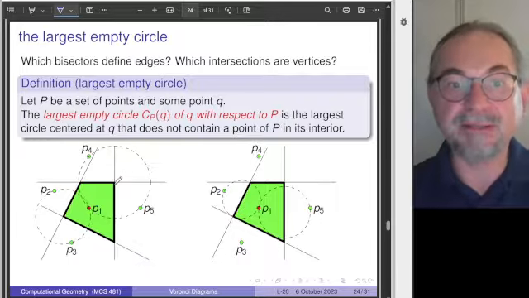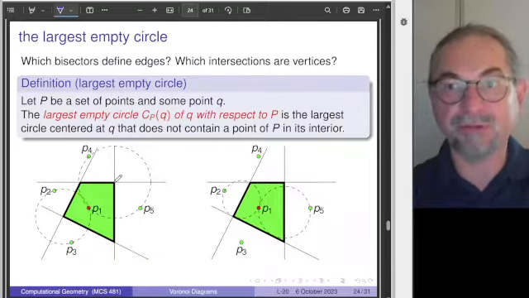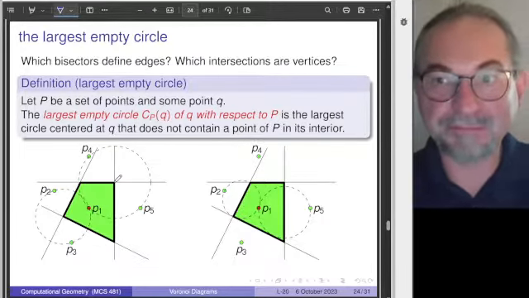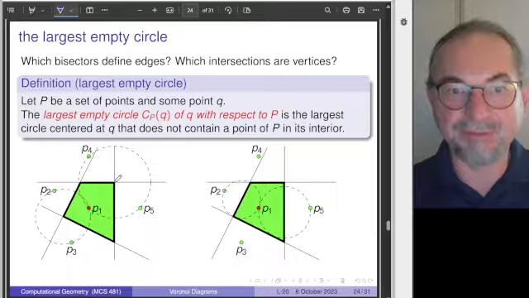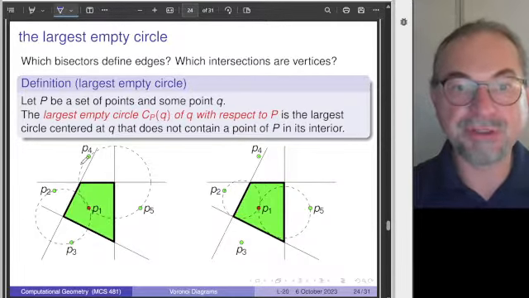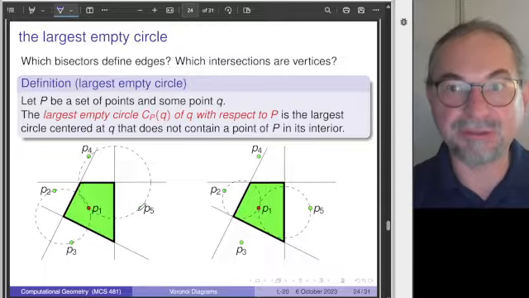Remember the post office problem: there is a unique point where you are at the same distance from all the points. That is the center, and you compute the radius by the distance to any of these 3 points.